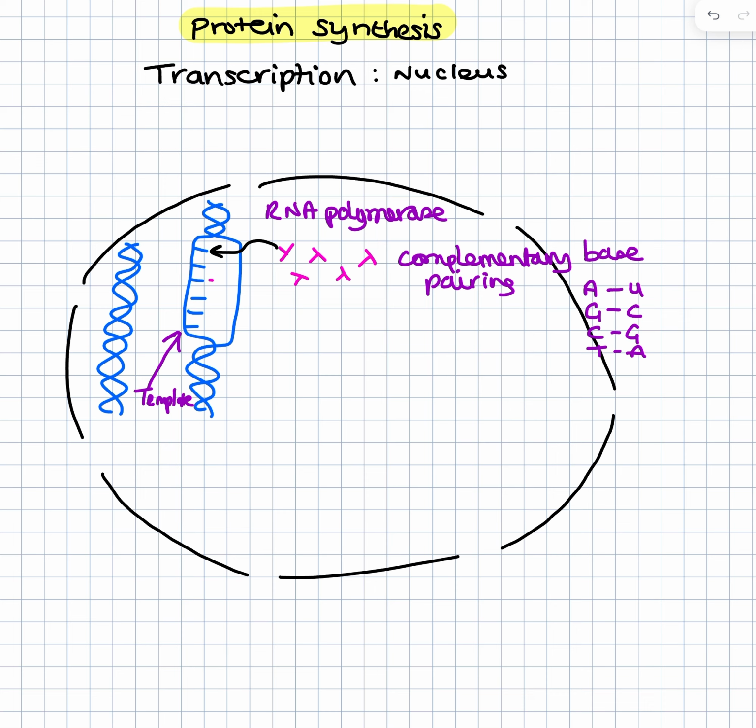Once the nucleotides have paired up, we still need to join the nucleotides together and form the sugar phosphate backbone. This is also catalyzed by RNA polymerase. This enzyme catalyzes the condensation reaction to form the phosphodiester bonds.